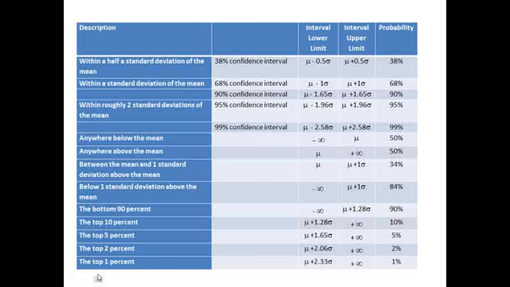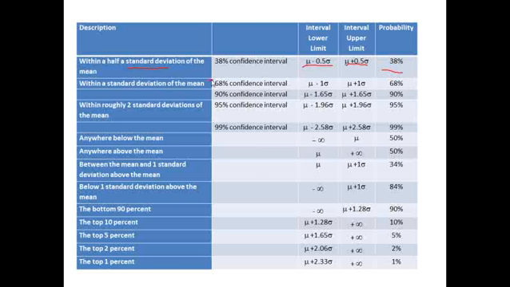It takes the range of a half a standard deviation below to a half a standard deviation above. The probability that you'll find a sample mean within a half standard deviation of the population mean is 38%. So often you'll find a sample mean outside of a half standard deviation of the mean.